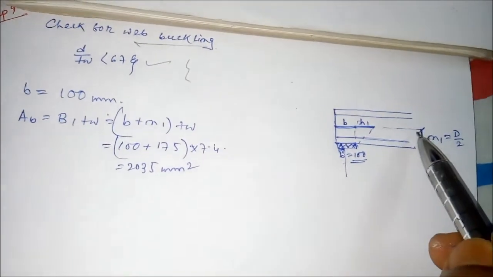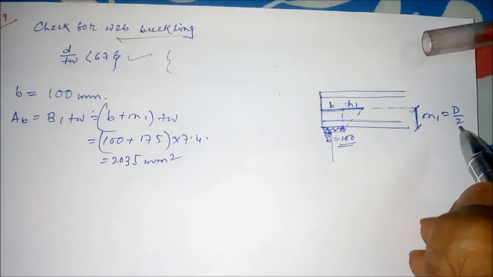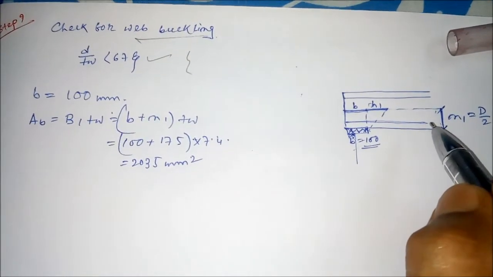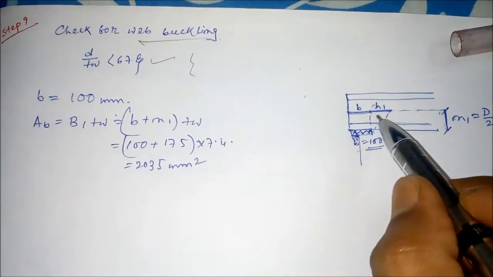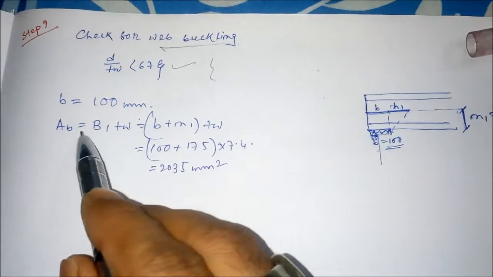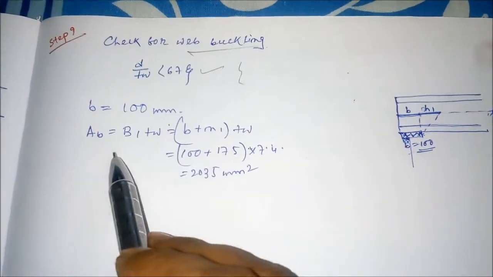So suppose this is capital D by 2, right? So all the values are known now, B, N1, and TW. So we can find out the value of D, which is this.